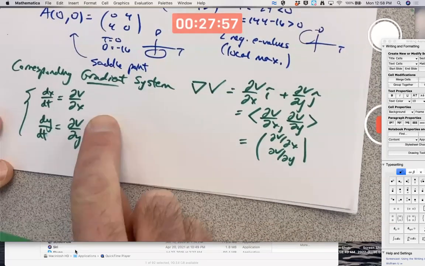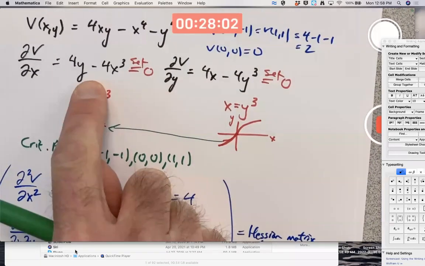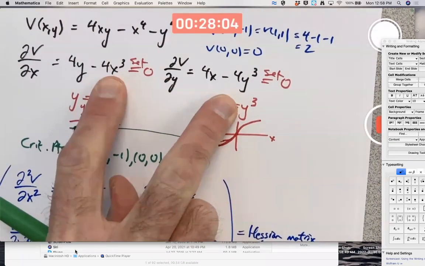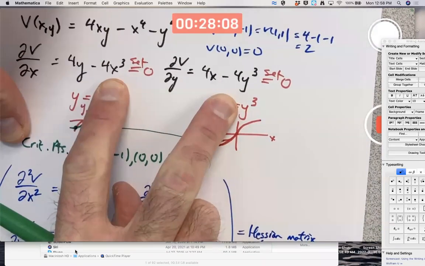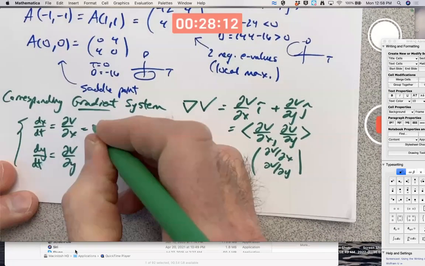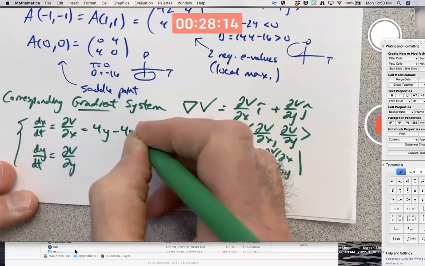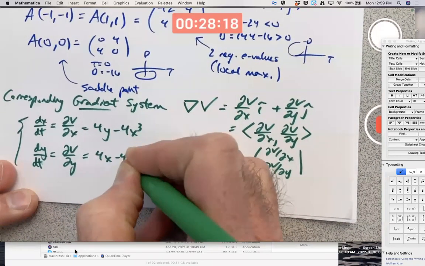What are these partials for this example? We already computed them. They're up there. Put these two things into a vector. That's your gradient vector: 4y minus 4x cubed and 4x minus 4y cubed.